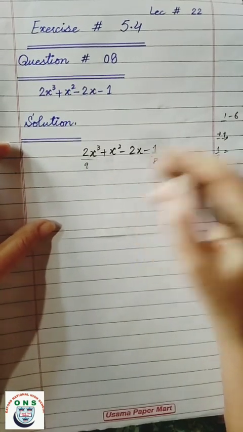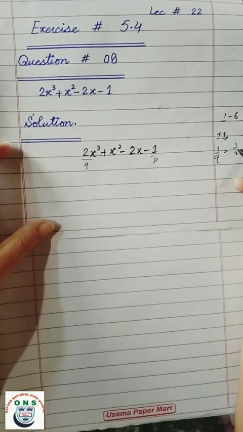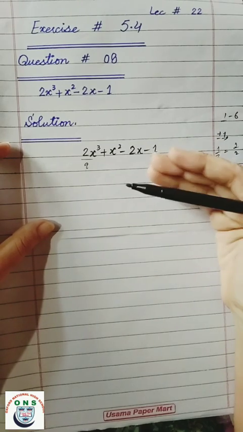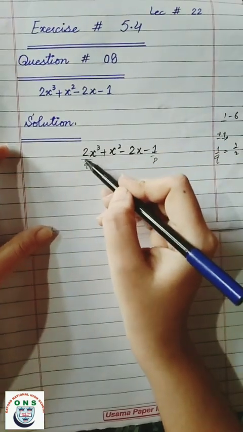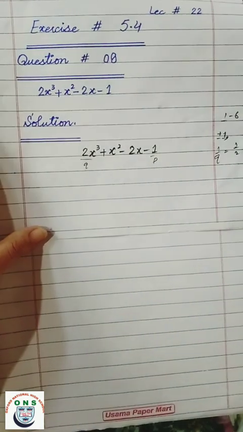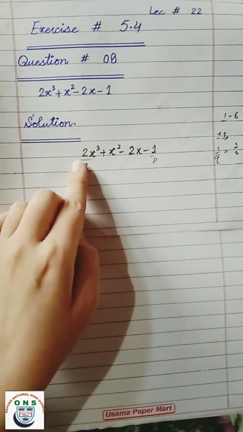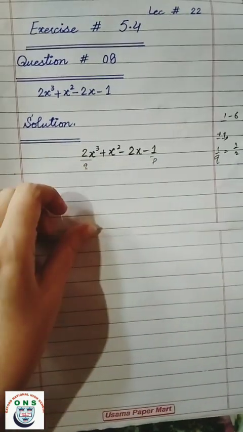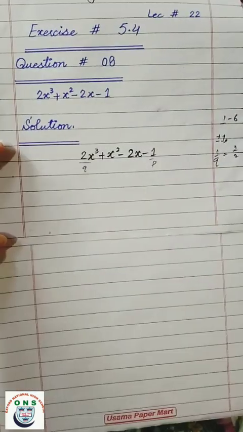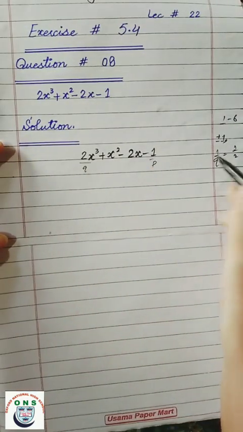Means q is 2, so we will take 1 by 2. Again I am going to tell you, if there is any coefficient except 1, then we will take it, so it will be 1 by q.